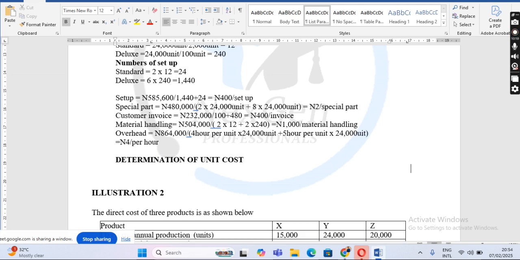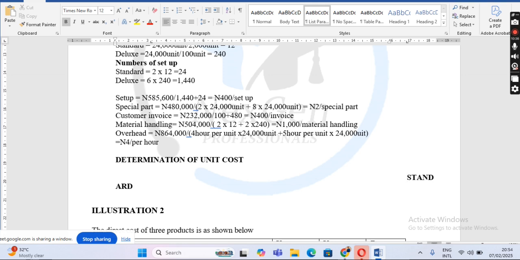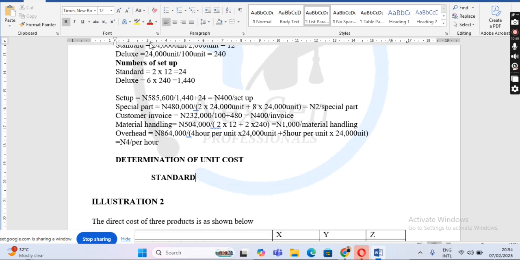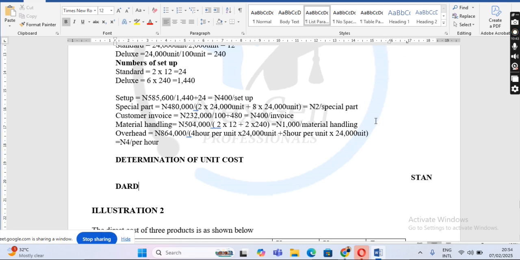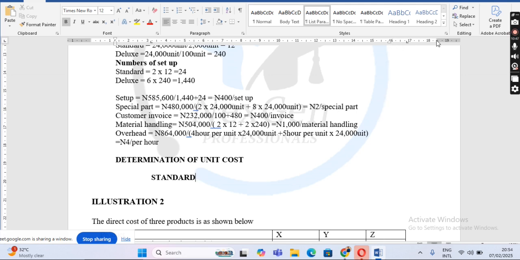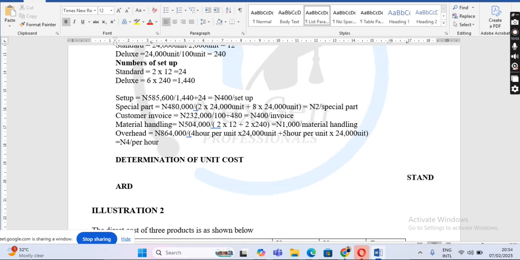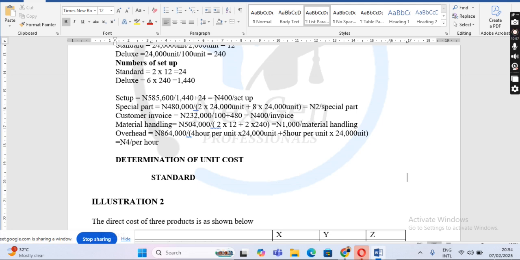The first one, we can have standard and we have dealers, right? So we have standard and dealers.